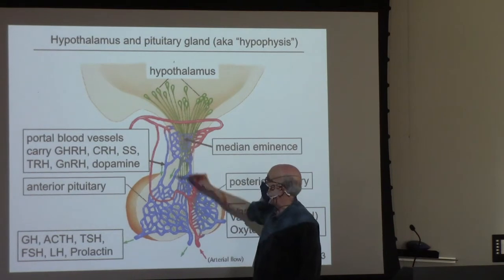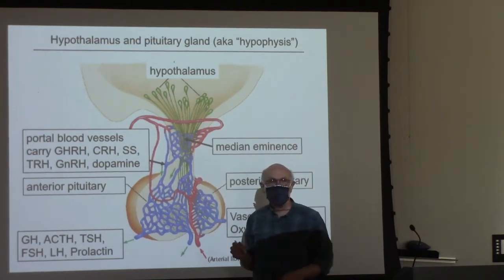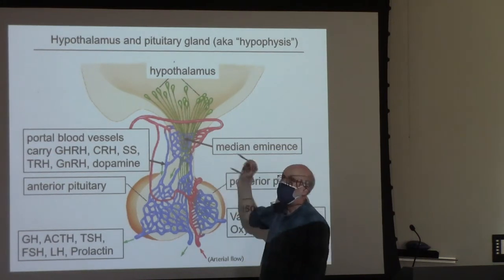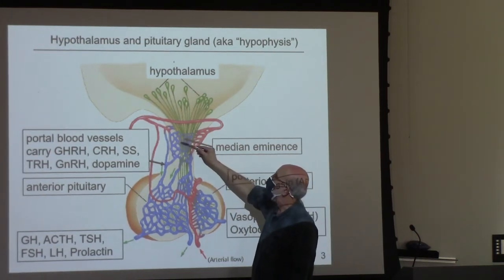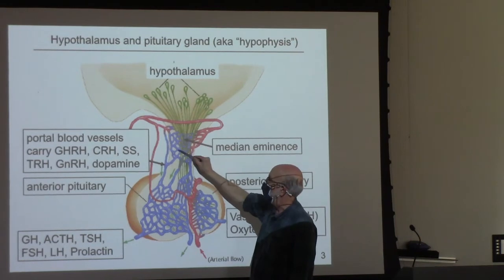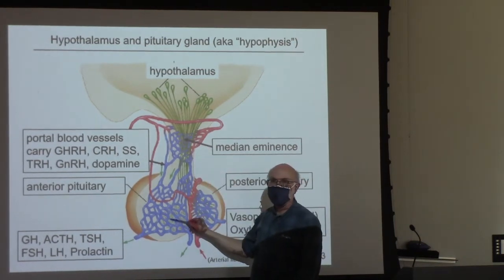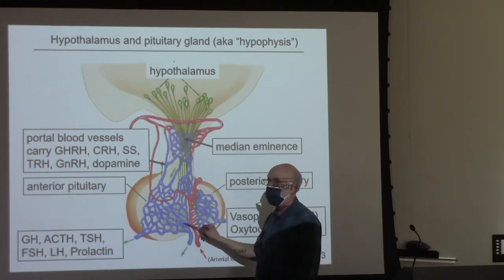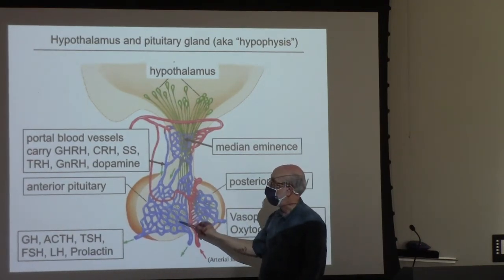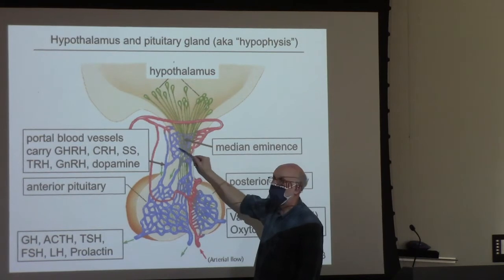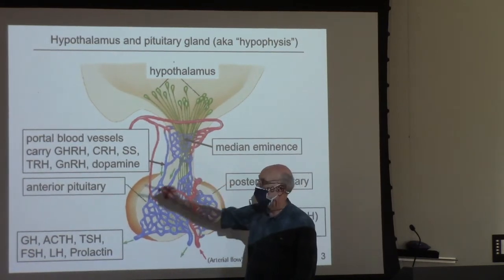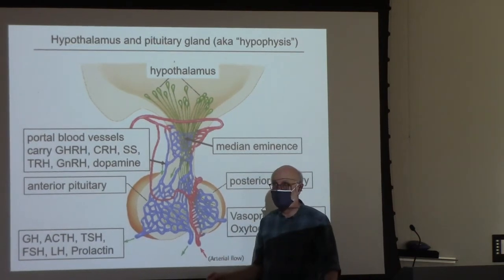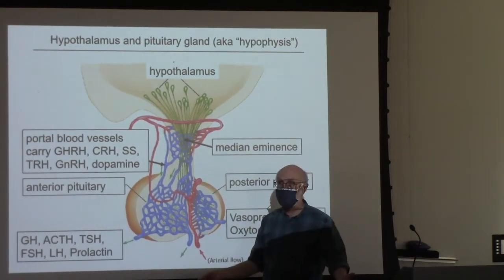So this is a microscopically small, tiny set of capillaries that carries blood from the median eminence to the anterior pituitary. And in the anterior pituitary, there are cells that respond to the hormones that are released here and release hormones into the systemic bloodstream, where it has systemic effects.